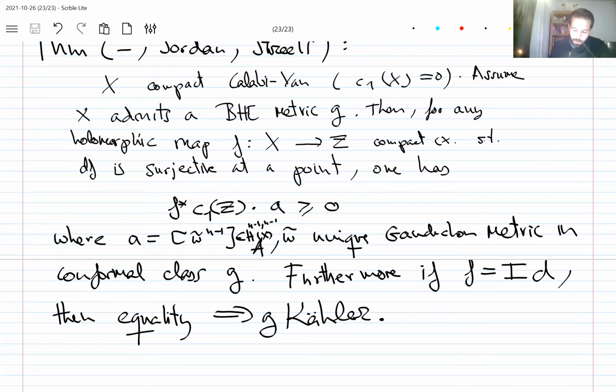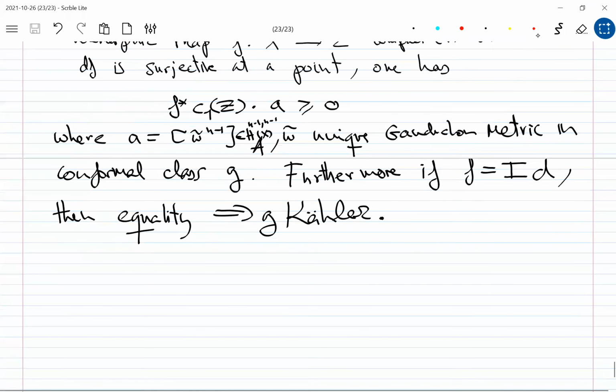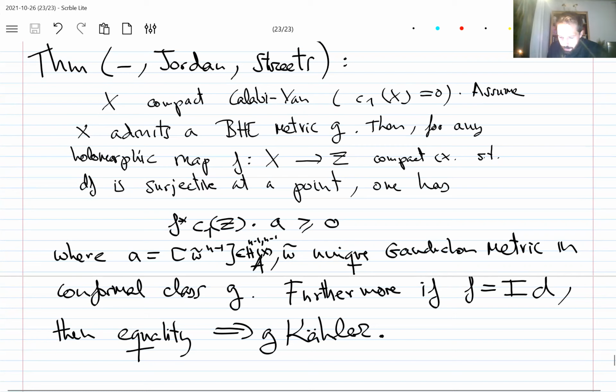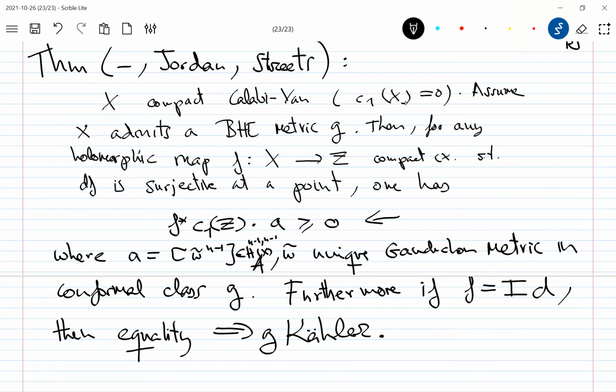Let me comment on the proof. Can you please repeat the identity? What is the statement when F is the identity? If we take F to be the identity and this is an equality, then G needs to be scalar.